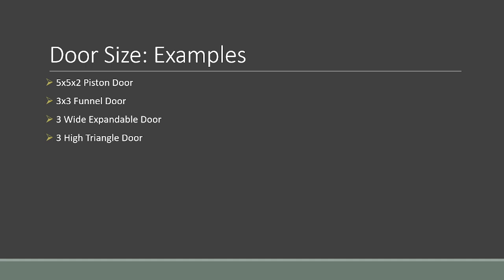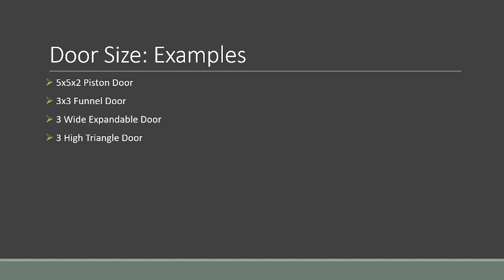Otherwise, you just say 5 by 5 piston door. You won't say 5 by 5 by 1. But here, since K is bigger than 1, we say 5 by 5 by 2 piston door. So that's the important thing to know. The second one, as already shown in the previous example, we don't say 16 by 16 by 8 funnel door, we say 16 by 16 funnel door.